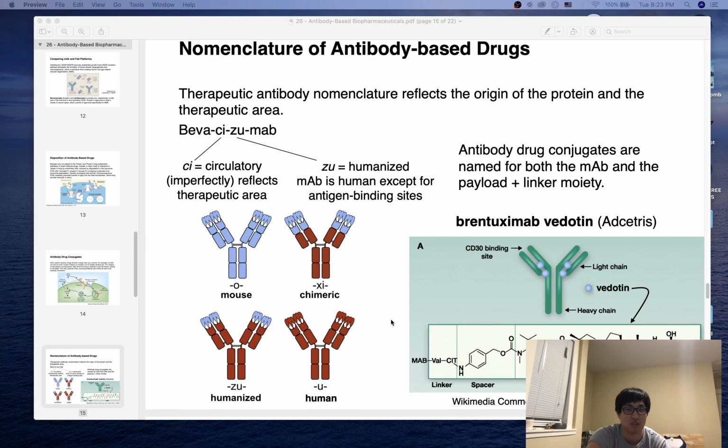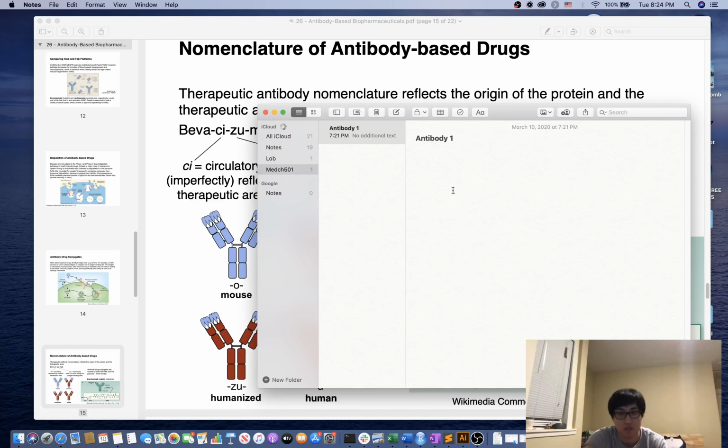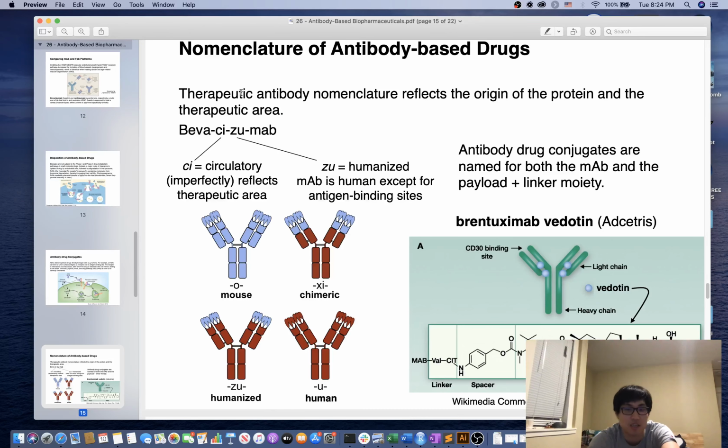But for sure, because it's open book, you just need to know, or you take a summary and say, okay, nomenclature, something stands for like O stands for mouse, Z stands for human, whatever, like a cheat sheet.